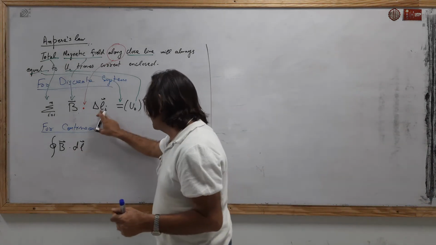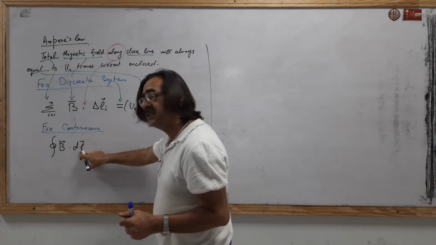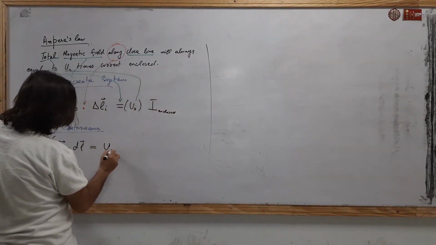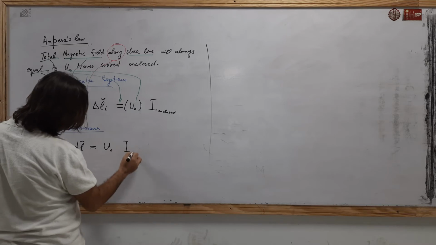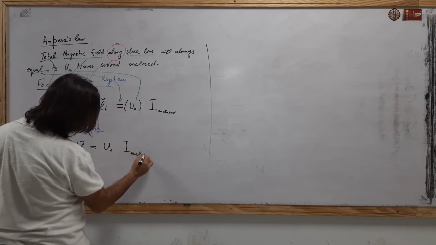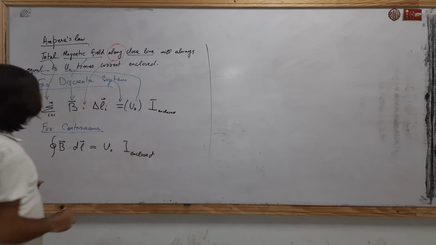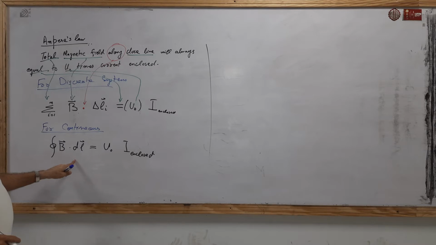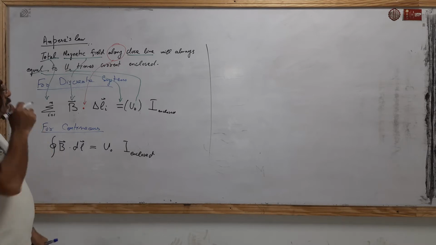That equals mu naught times the current enclosed. So this is Ampere's law for a discrete system, and this is for a continuous system.